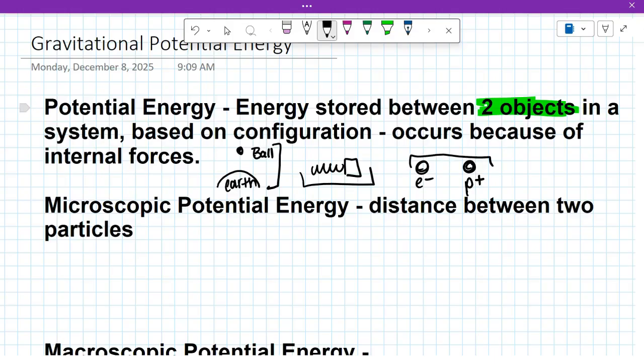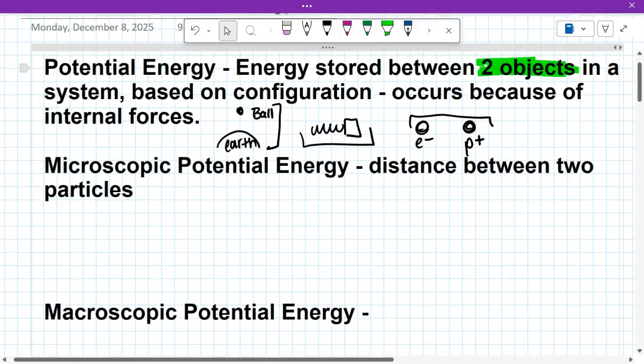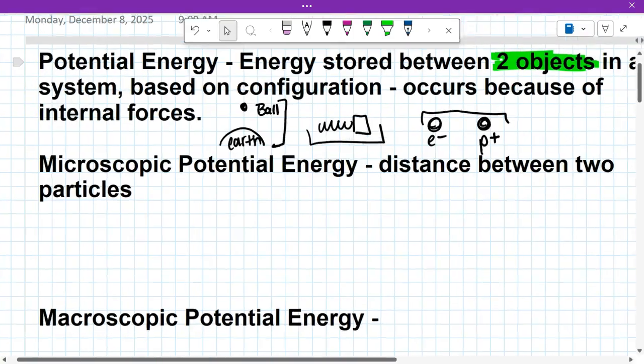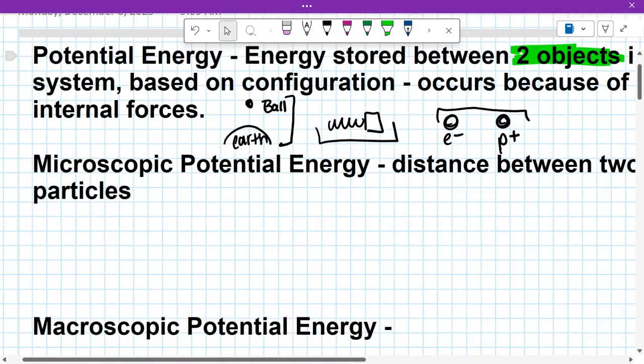All of these are two objects, and they're all going to store energy because of their configuration and because of internal forces. We can have potential energy at the microscopic level, and we're going to talk more about this when we talk about phase change. But this is potential energy that is due to the distance between two particles.